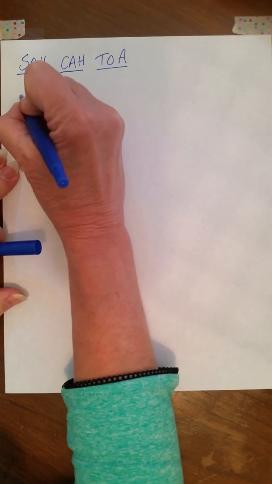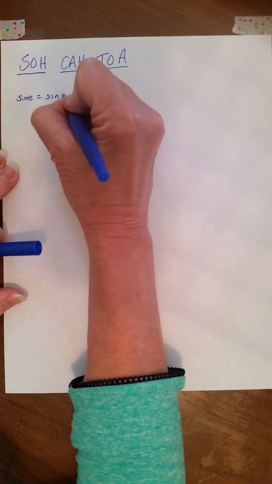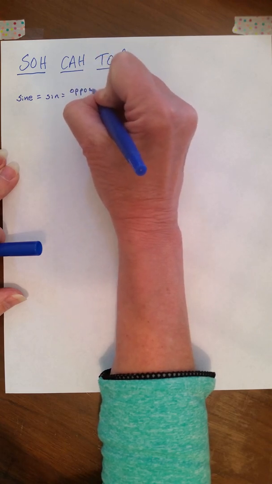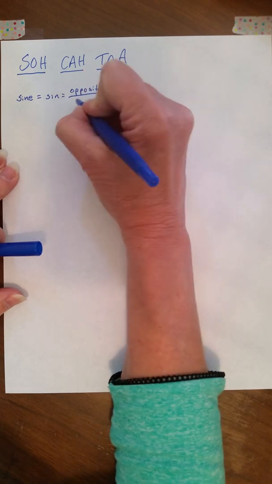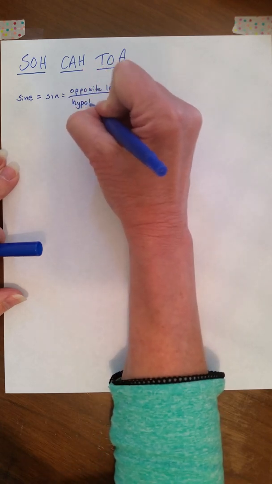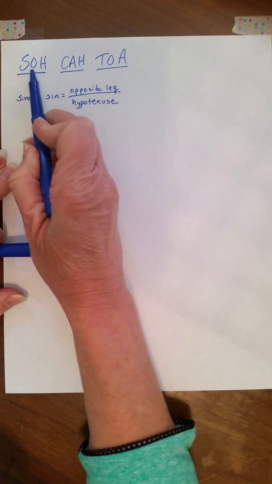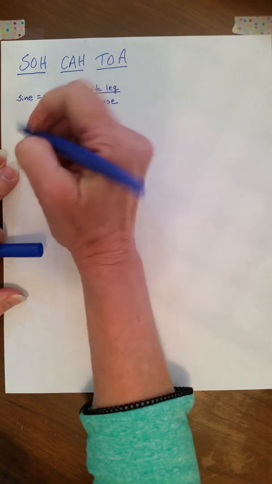So the sine, abbreviated SIN, is the opposite leg over the hypotenuse. Hence SOH. Sine is opposite over hypotenuse.